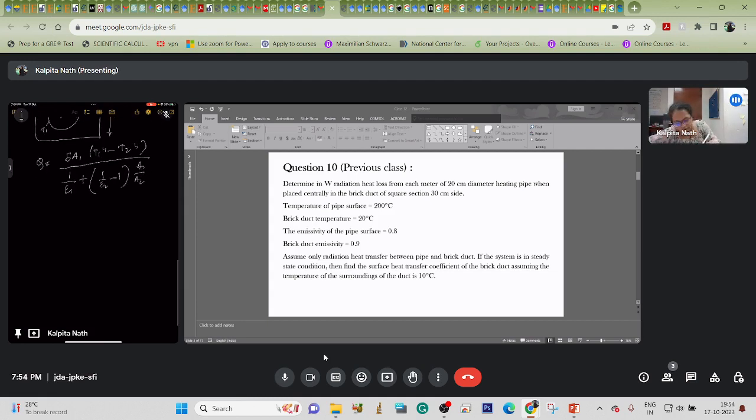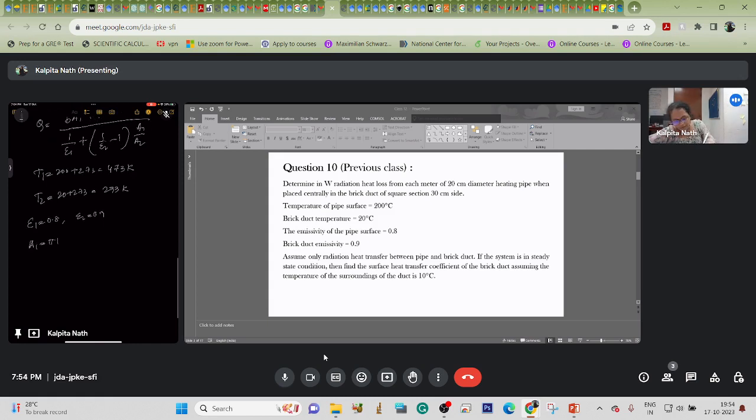Okay, so now T1 is equal to 200 plus 273, that is 473 Kelvin. T2 is equal to 20 plus 273, that is 293 Kelvin. Now epsilon 1 is equal to 0.8 and epsilon 2 is equal to 0.9.